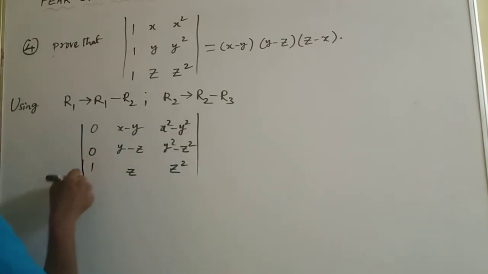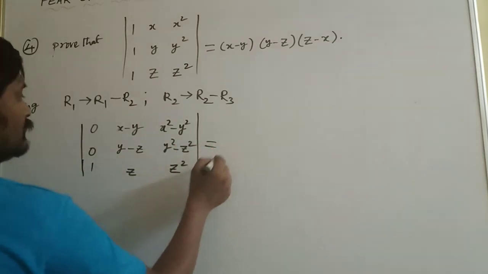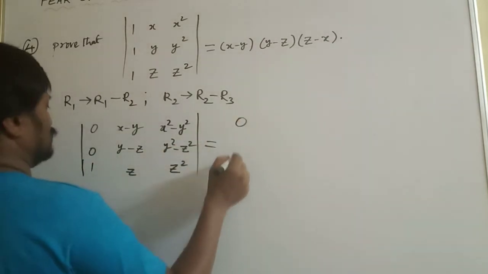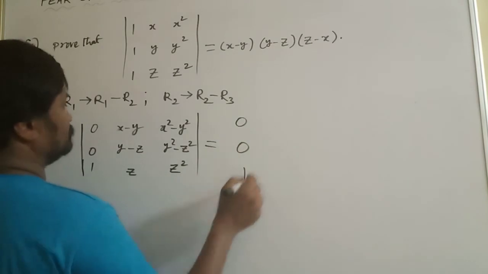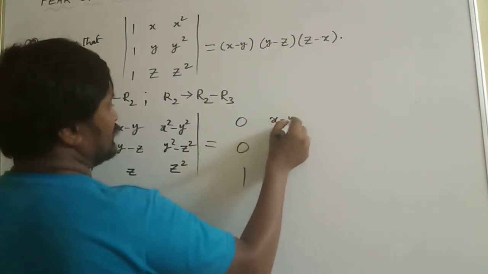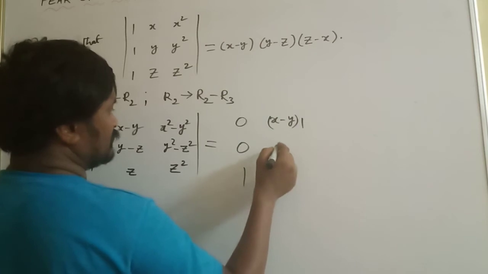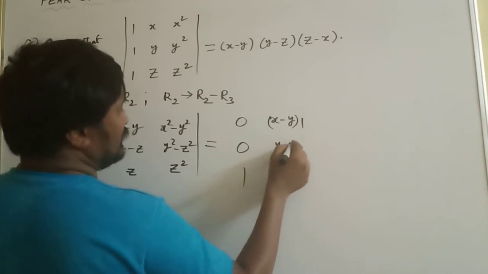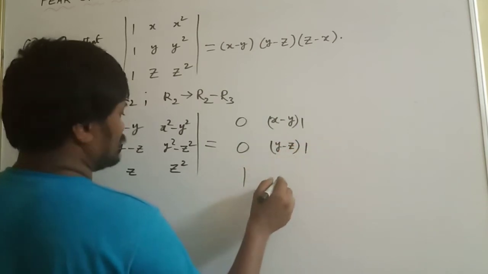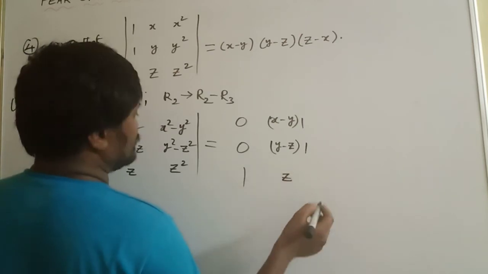Because only at that time two operations only we can apply. We cannot apply more than that. So after completion of this is equal to what we'll do. 0, 0, 1, x minus y into nothing is there means 1, y minus z, nothing is there means 1, then z as it is.